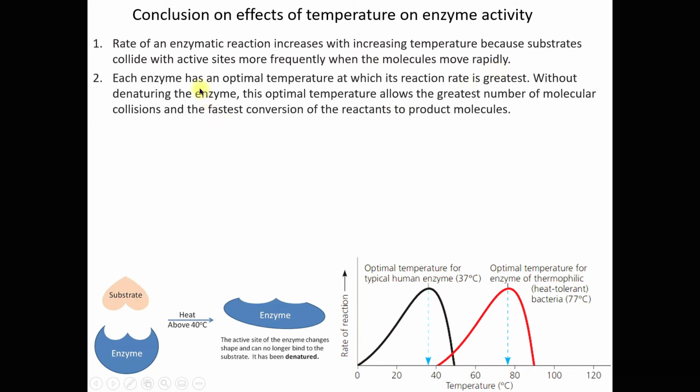Next, each enzyme has an optimal temperature at which the rate of reaction is the greatest without denaturing the enzyme. This optimal temperature allows the greatest number of molecular collisions between the enzyme and the substrate, as well as the fastest conversion of the reactants to product molecules. Reactants here refer to the substrates.